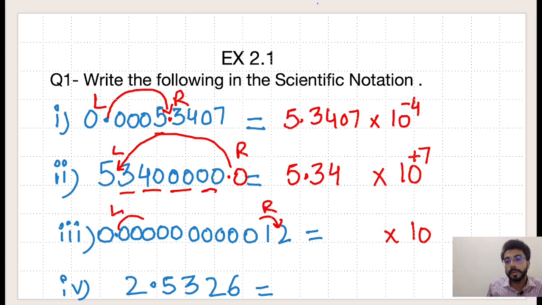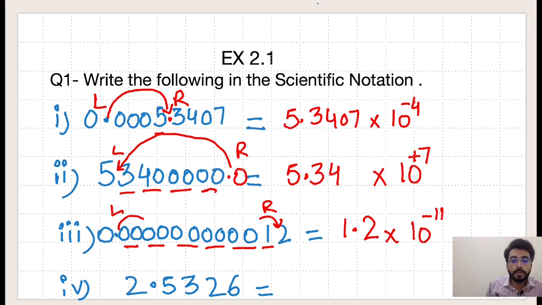So the exponent will be negative. Let's count the digits: 2, 4, 6, 8, 10, 11. So it will be negative 11 and the answer will become 1.2 into 10 to the power negative 11.